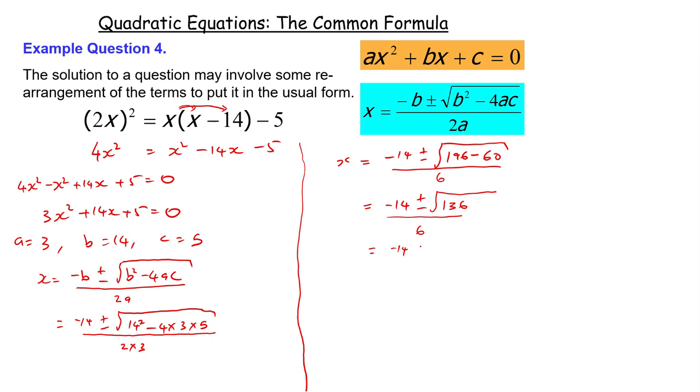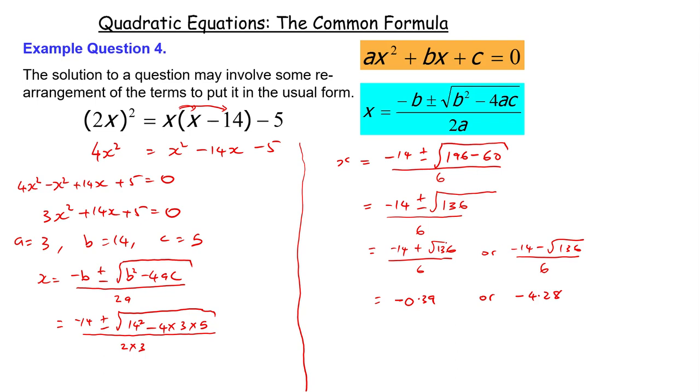So we've got minus 14 plus the square root of 136 divided by 6, or minus 14 minus the square root of 136 divided by 6. And when we solve that, we have x is equal to either 0.39 or minus 4.28 to 2 decimal places.